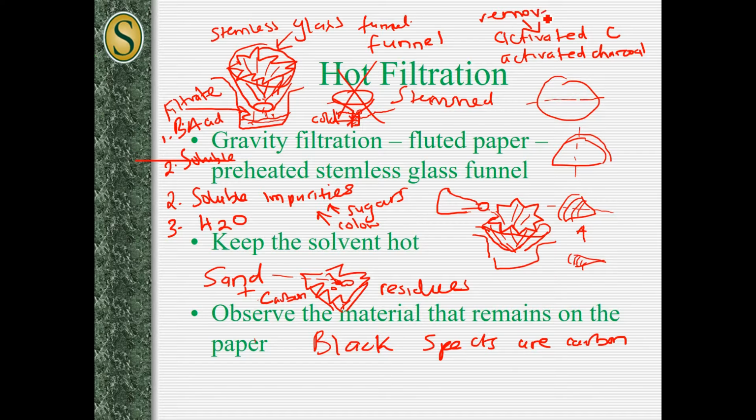It's an impurity in itself, but it also removes color impurities. So I don't expect the color impurities to still be in there unless you mess up somewhere in the experiment, but I'm going to do it myself as a demonstration, so we don't care about that. So assume now the color is gone, and the insoluble impurities, sand and carbon, are gone. So now assume we have only benzoic acid and H2O in the filtrate.